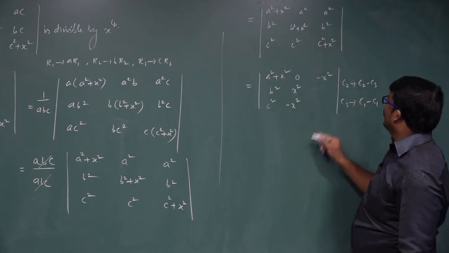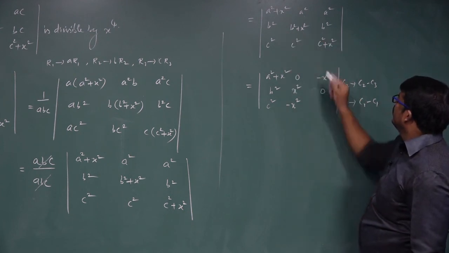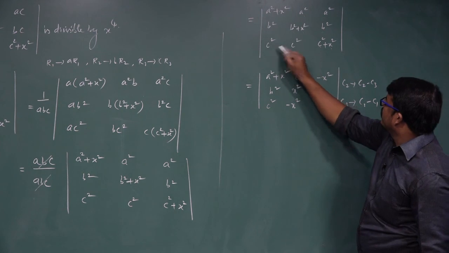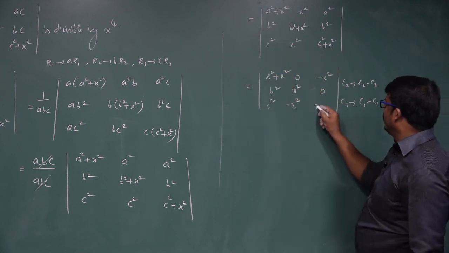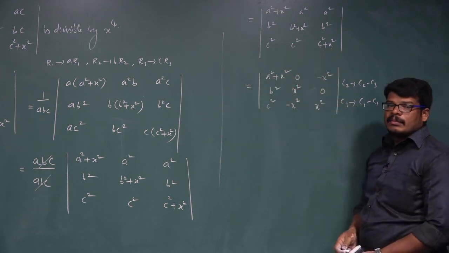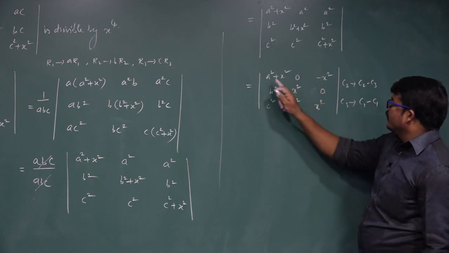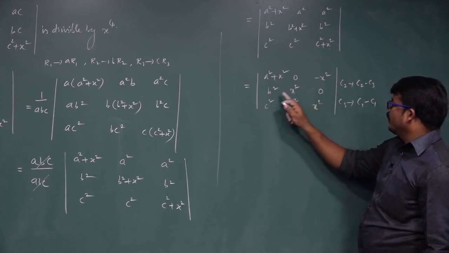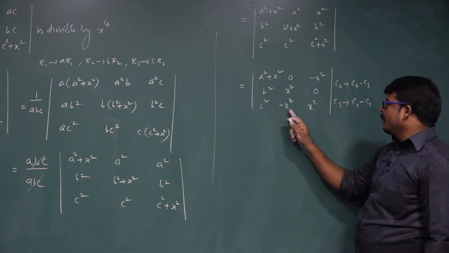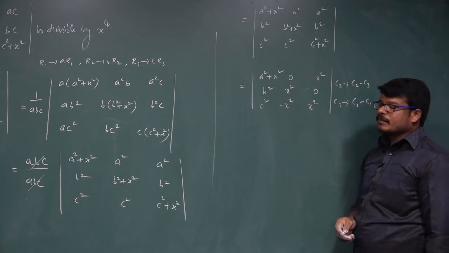B square minus b square value is 0. C square plus x square minus c square, the c square cancel, with the x square. Your determinant: a square plus x square, 0, minus x square; b square, x square, 0; c square, minus x square, x square.